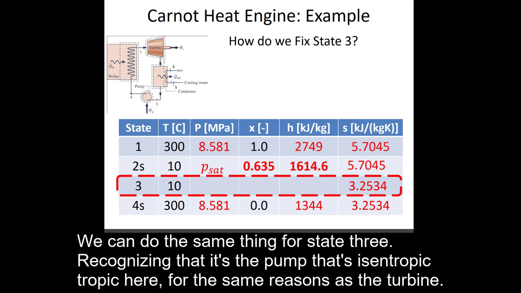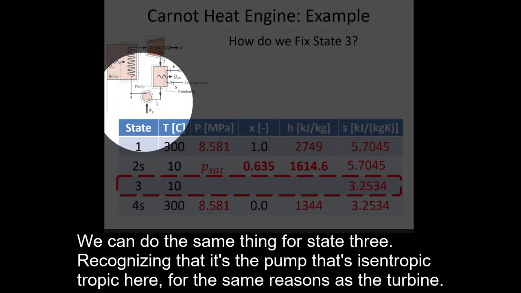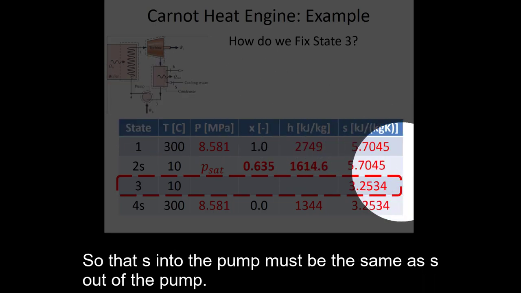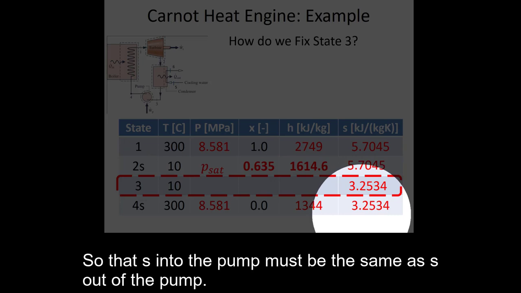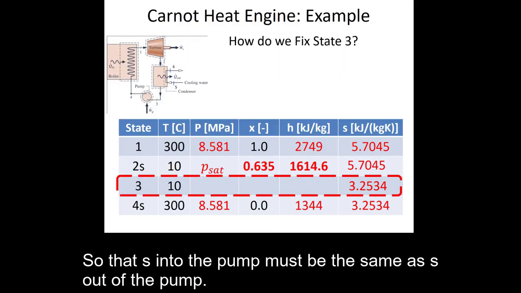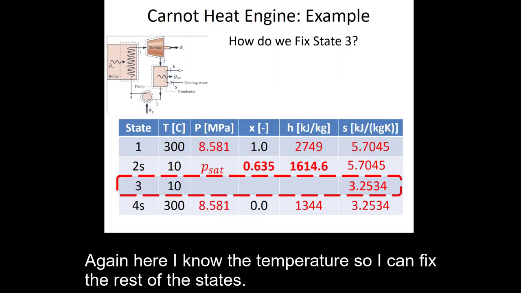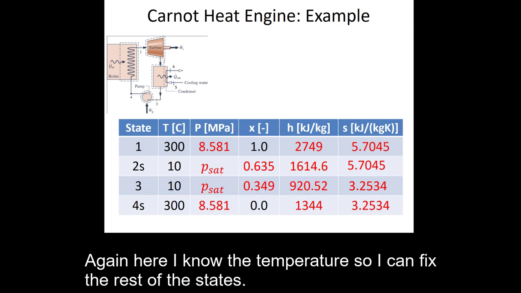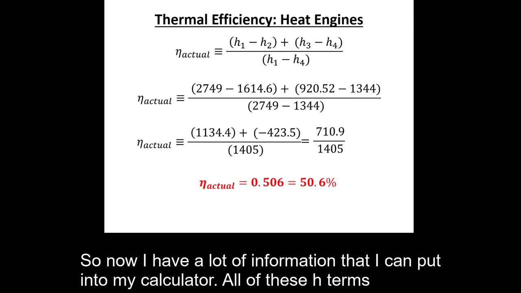We can do the same thing for state 3, recognizing that it's the pump that's isentropic here for the same reasons as the turbine, so that S into the pump must be the same as S out of the pump. Again, here I know the temperature, so I can fix the rest of the states. So now I have a lot of information that I can put into my calculator.